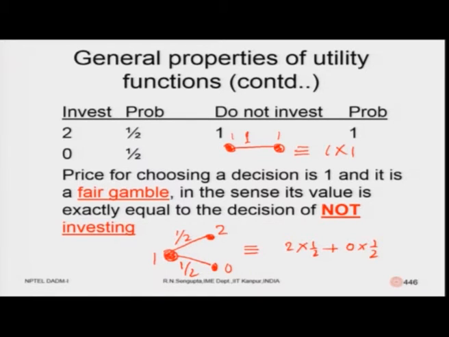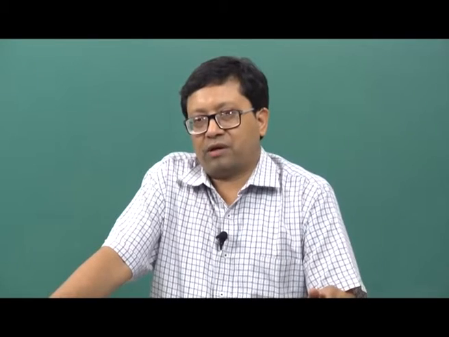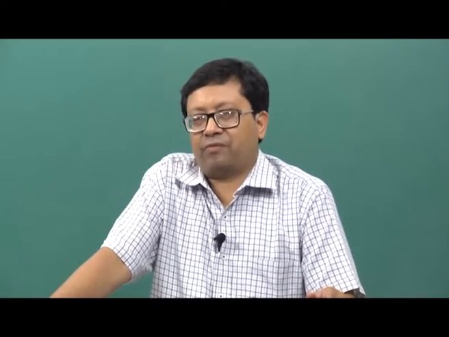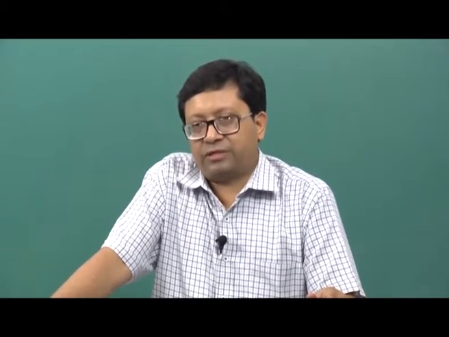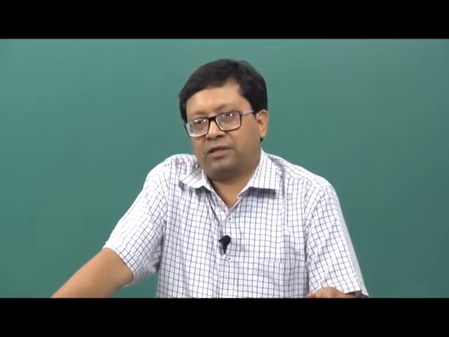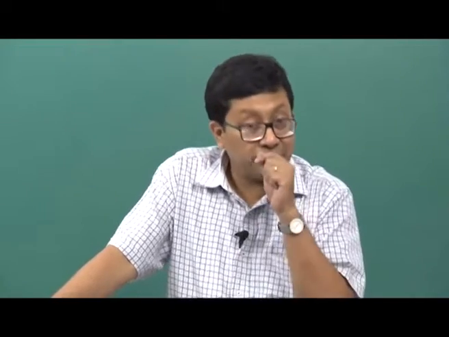Now, if I am indifferent, it means I am risk neutral. If I prefer the risk, I am a risk lover. If I want to take the deterministic event, which means I am trying to run away from the risk, I am a risk avoider.